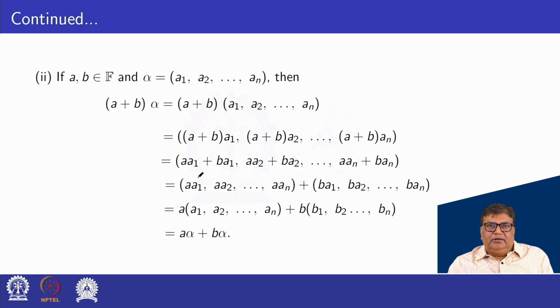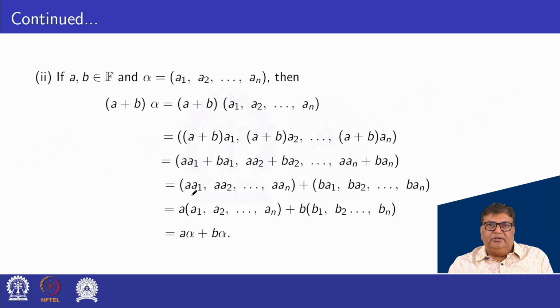We can write this n-tuple as the addition of two vectors, that is (aa1, aa2, and so on, aan) plus another n-tuple (ba1, ba2, and so on, ban).